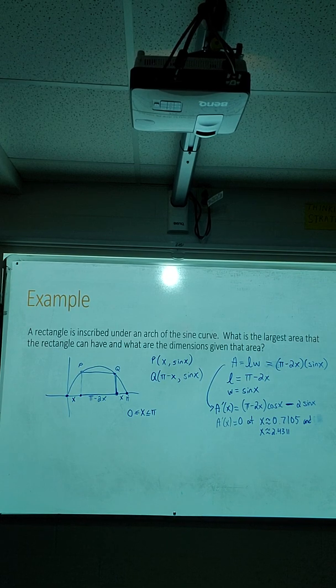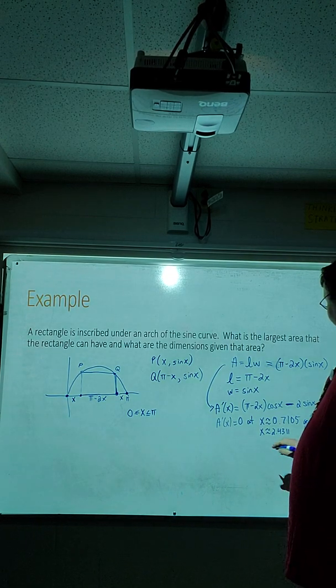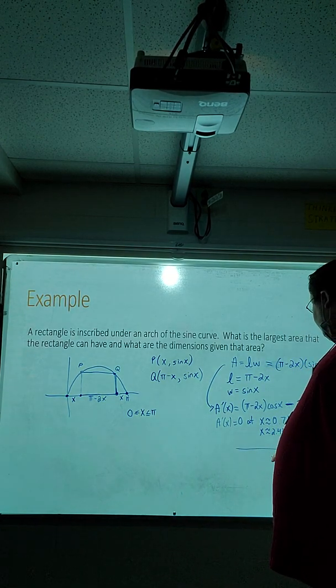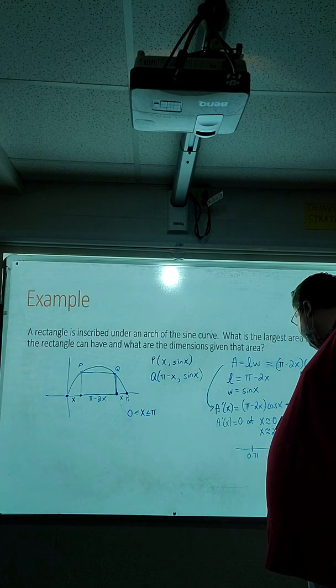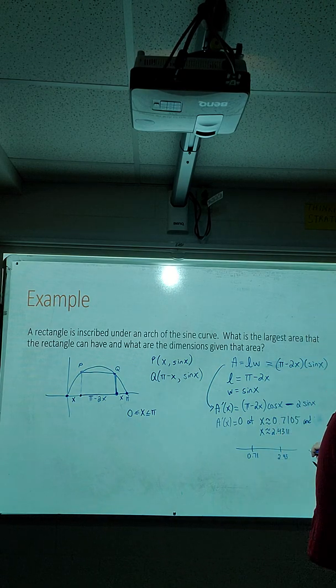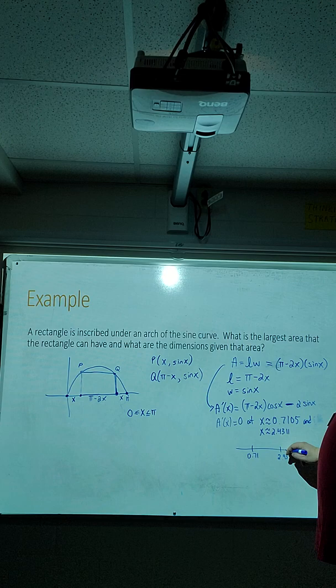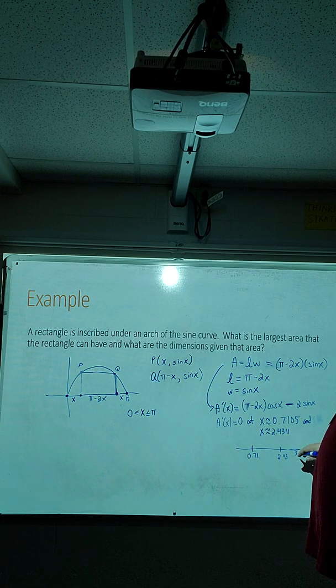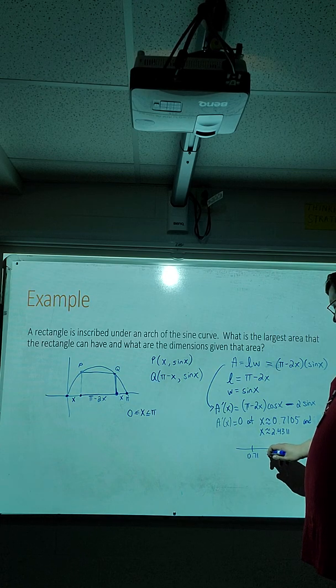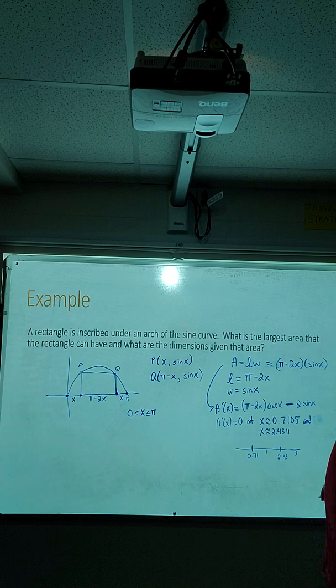We've already got our derivative in there, so we want to pick some values. These are our two values here, 0.71 and 2.43. We obviously want to stay within our bounds too, so we want to pick something less than pi. So 3 is a good choice for a test point past 2.43. 1 would be a good choice in between.